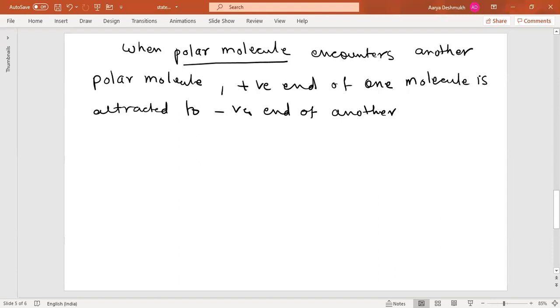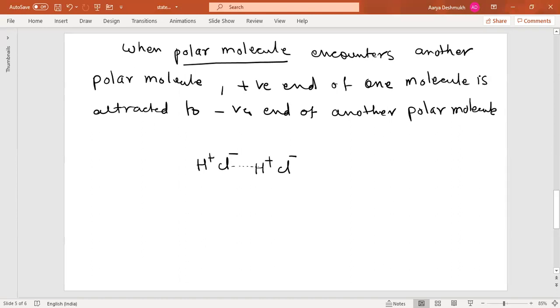If there are many molecules, they come in contact with one another. This is quite obvious. If the molecule is hydrogen chloride, H plus and Cl minus, and there is another hydrogen chloride molecule with a dipole, there will be an attraction between the positive and negative charges.